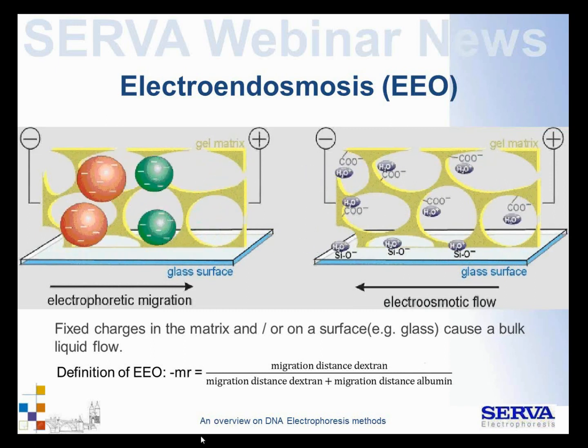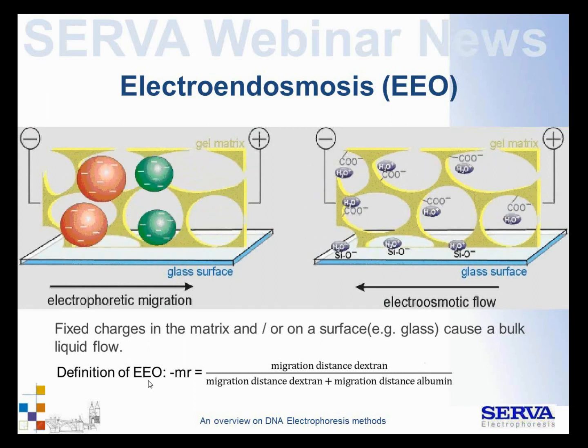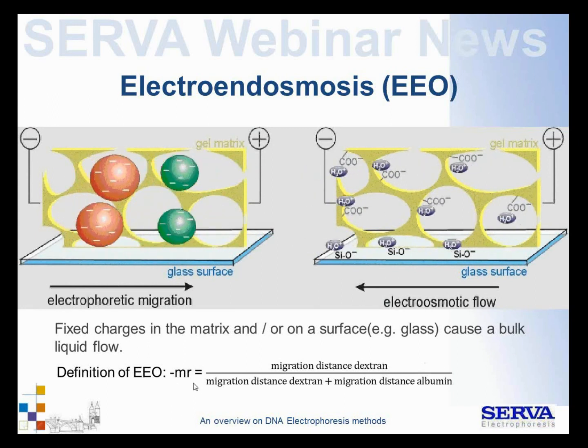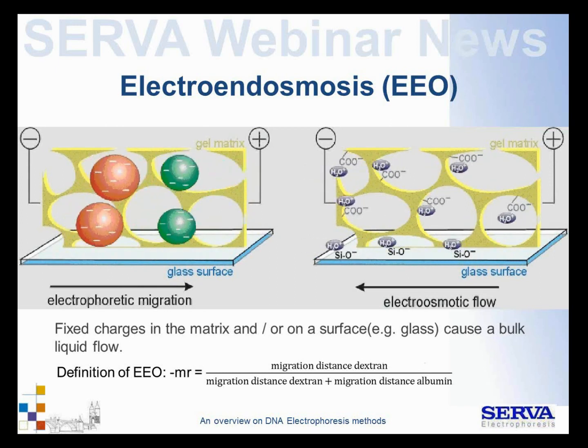You will see a value which is called -mR, or sometimes also signed with EEO, the electroendosmosis value. The higher the electroendosmosis value, the worse is the quality, the more influence of the electroendosmosis can happen. What is negative with the electroendosmosis?